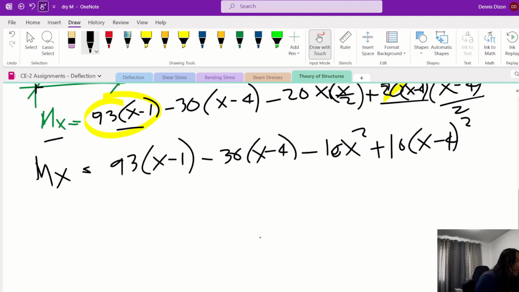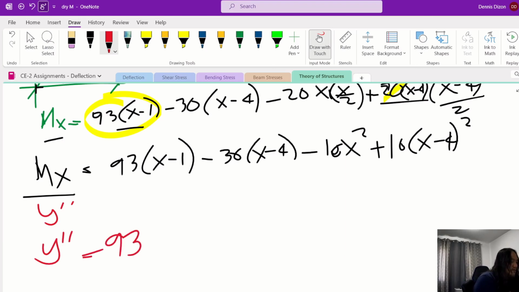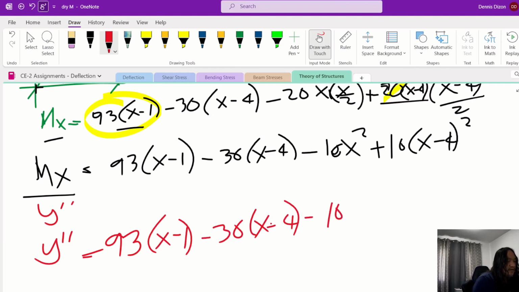Since Mx is equal to the second derivative of your deflection, therefore the second derivative of y is equal to 93 times x minus 1, minus 30 times x minus 4, minus 10x squared, plus 10 times x minus 4 squared. So that is our equation for the second derivative of your deflection.